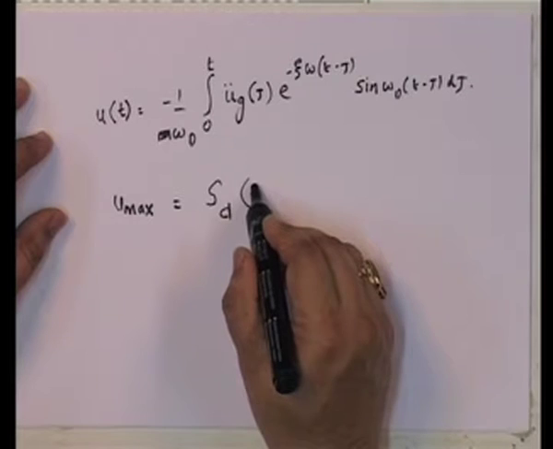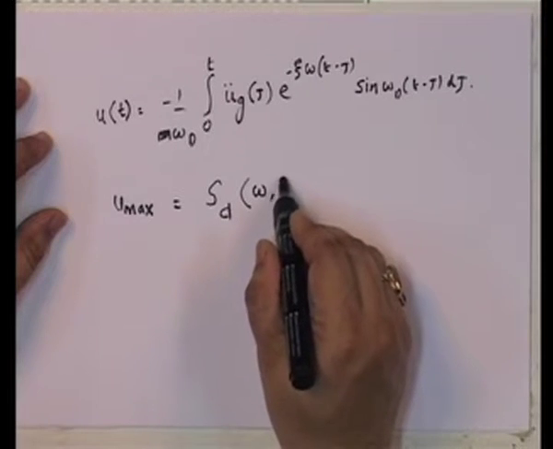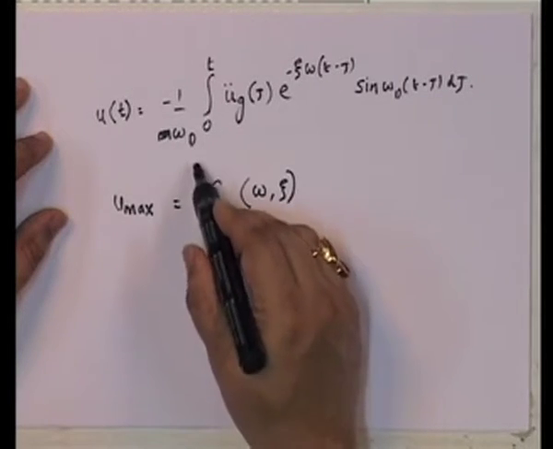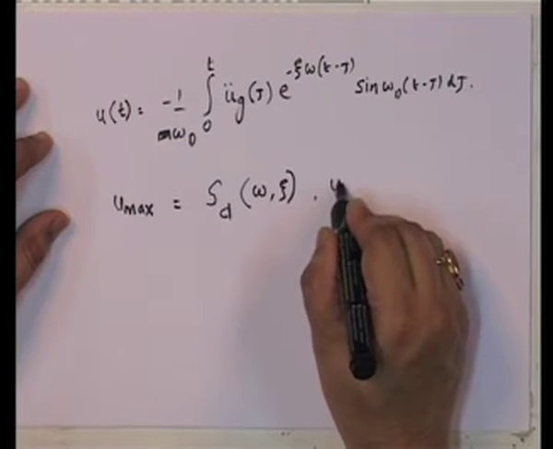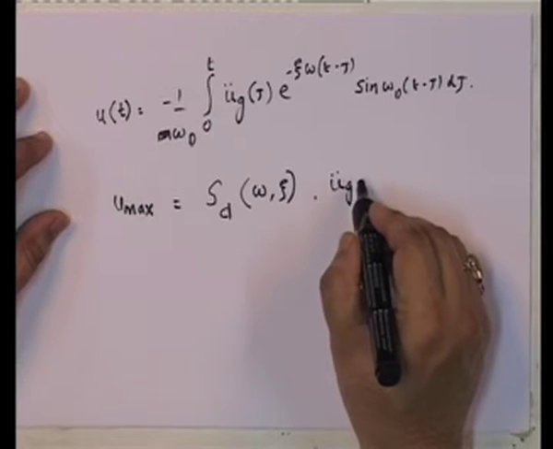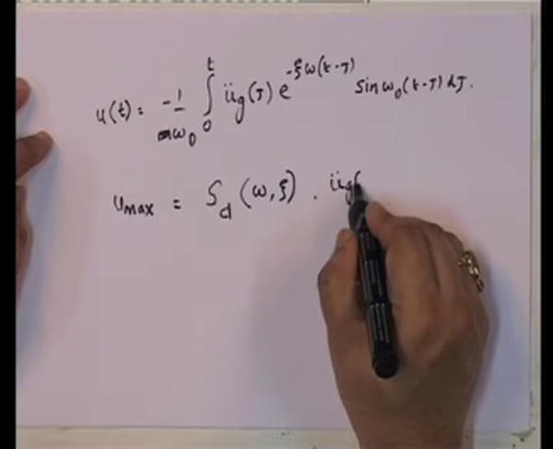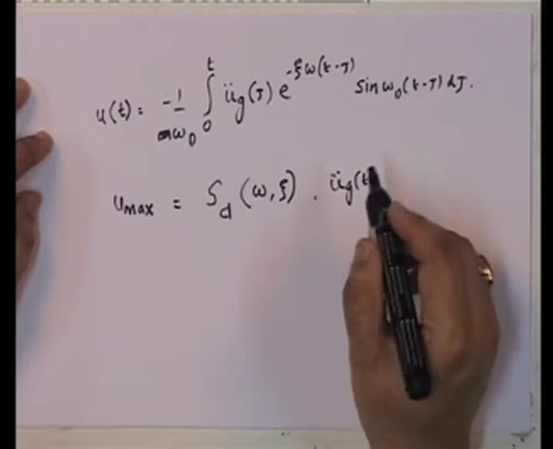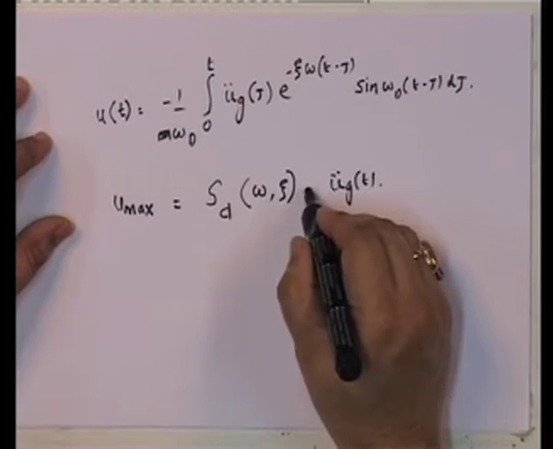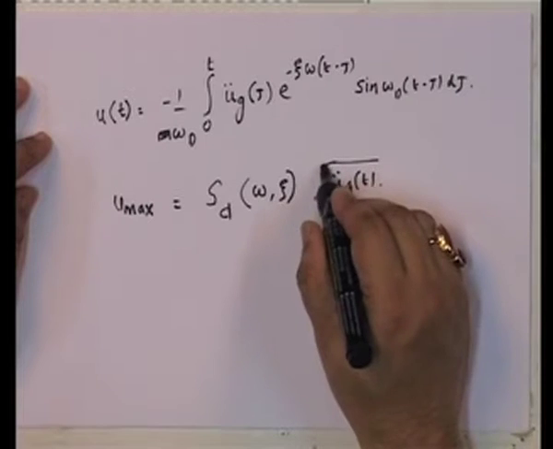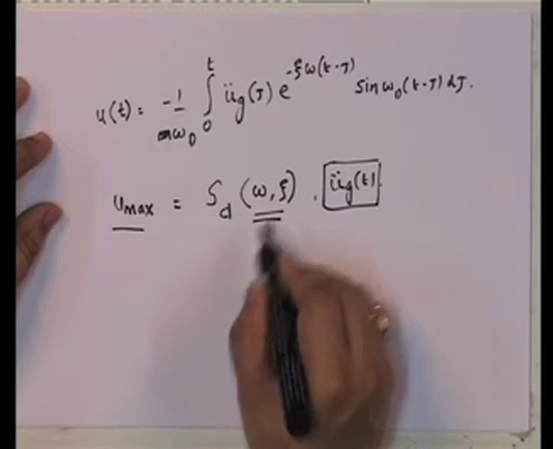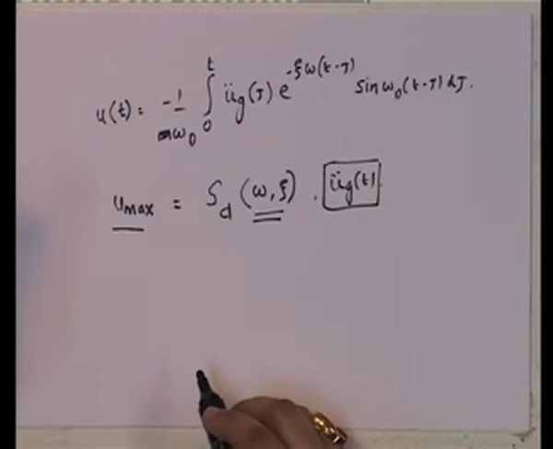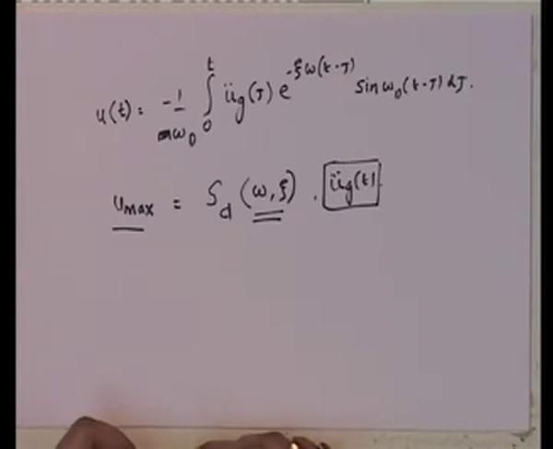It depends on omega and xi. Given the ground motion, this is just a function of omega and xi and nothing else.